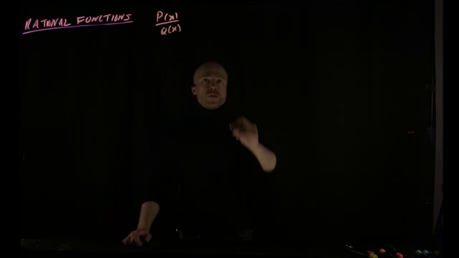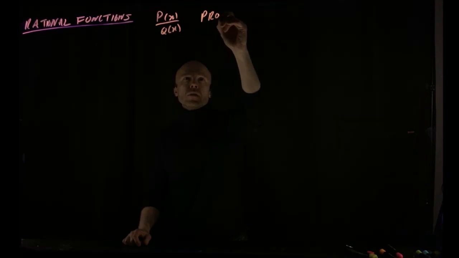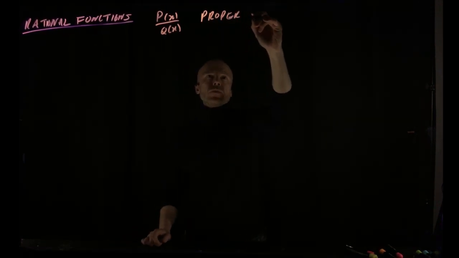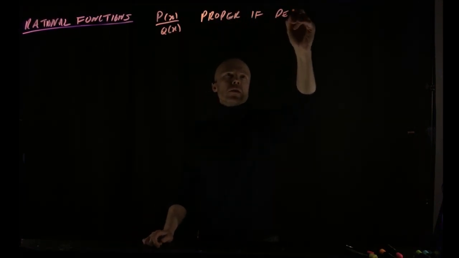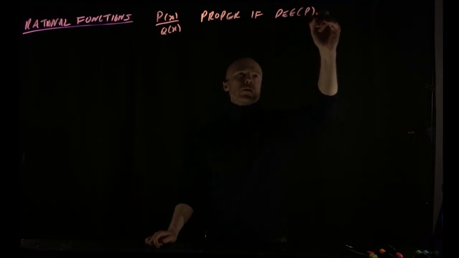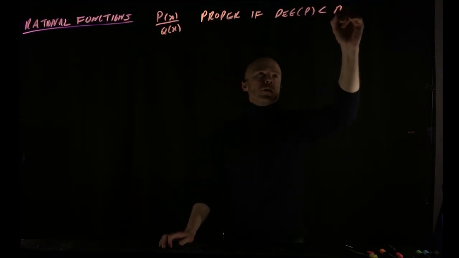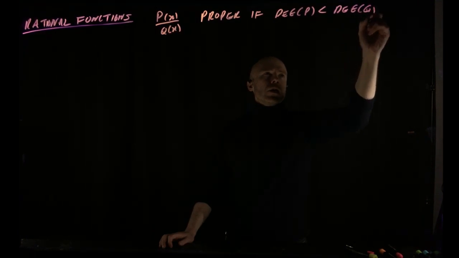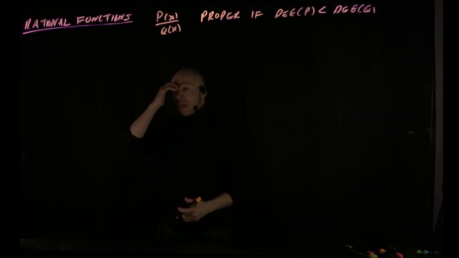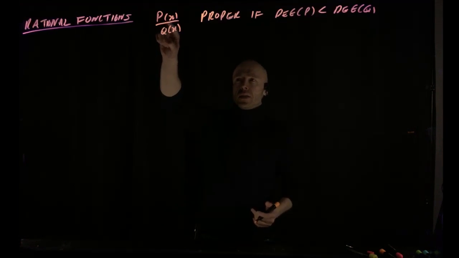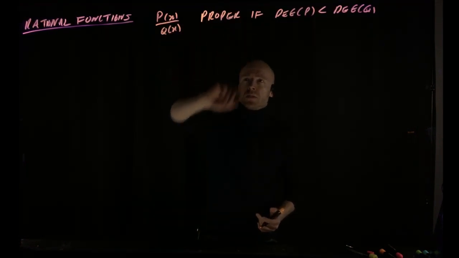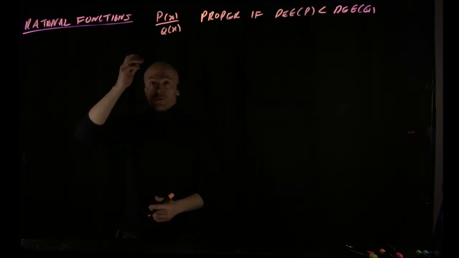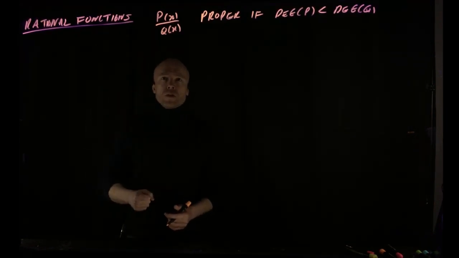It's called proper if the degree of p is less than the degree of q. If it's not proper, you can do long division and make an expression like the sum of an ordinary polynomial plus a proper rational function. So we basically just have to deal with proper ones all the time.